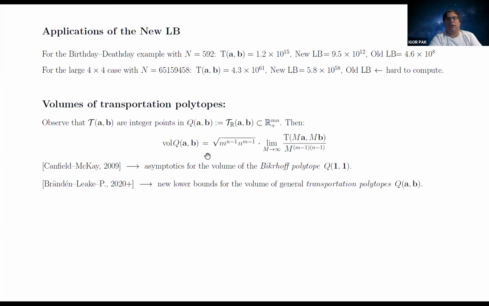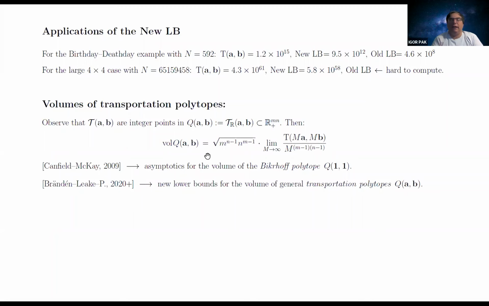Now, these polytopes are very classical objects in combinatorial optimization and discrete geometry. One would want to calculate the volume, and the volume doesn't have a formula, obviously. If it did, it would give you a good approximation for the number of contingency tables.